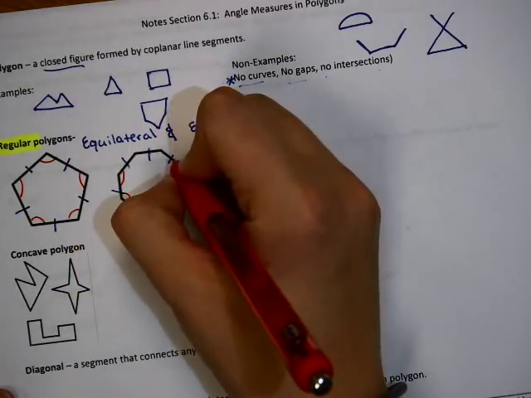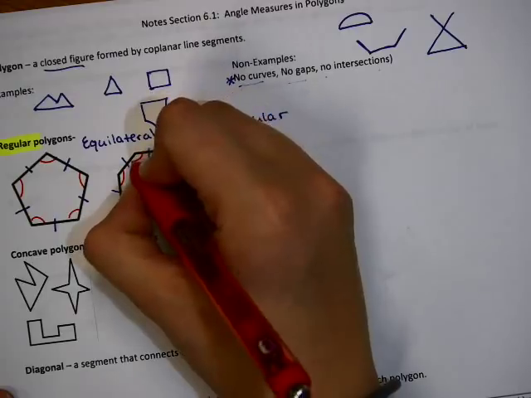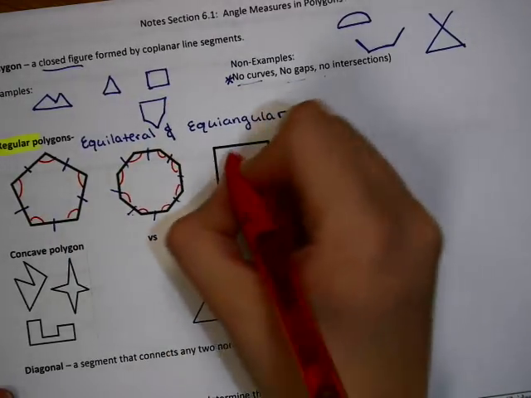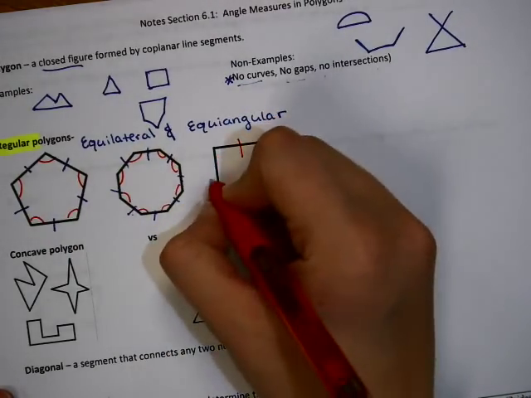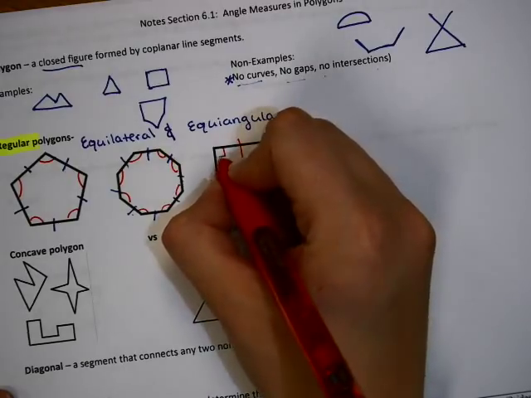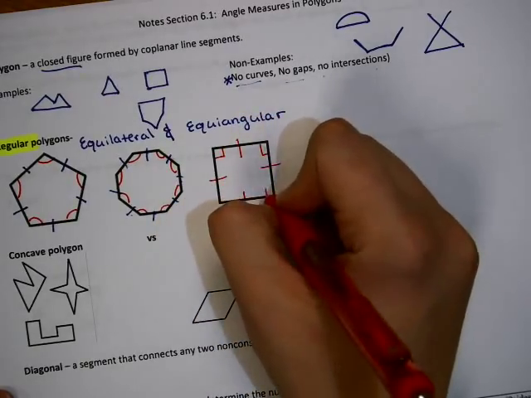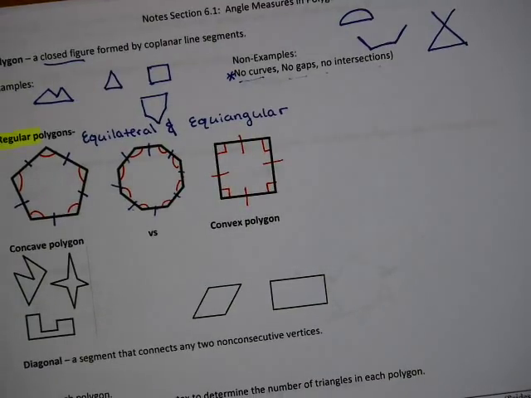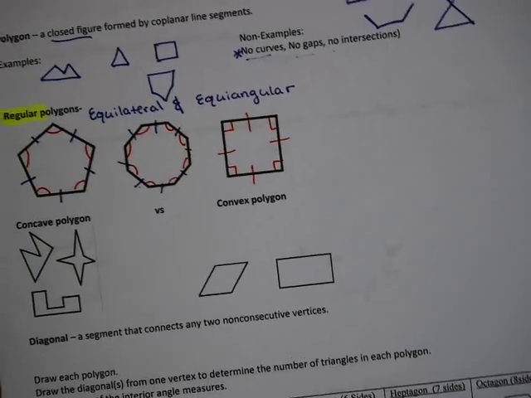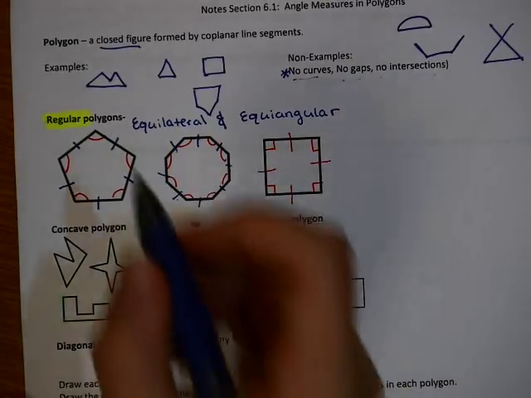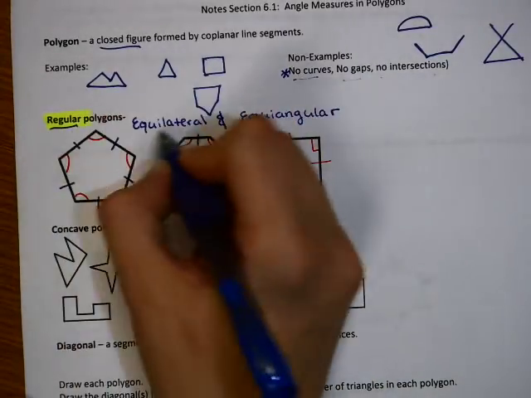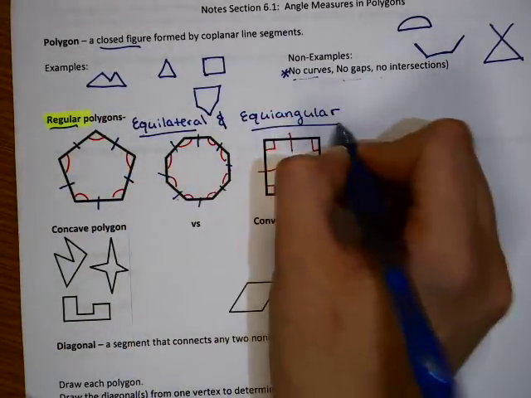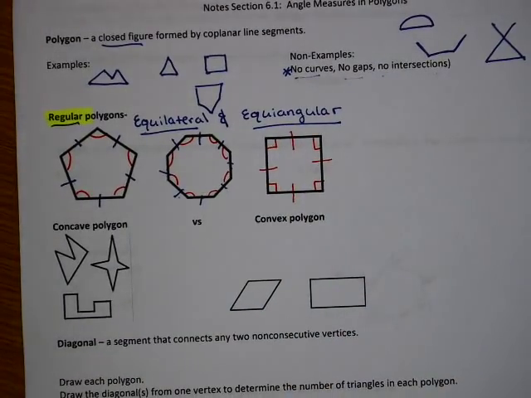So this is a regular octagon. And of course here we have a square, which would also be a regular polygon. Now, if you are given in a problem that it's a regular polygon, you need to know it's the sides and angles that are all congruent.